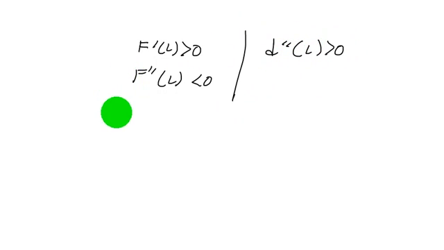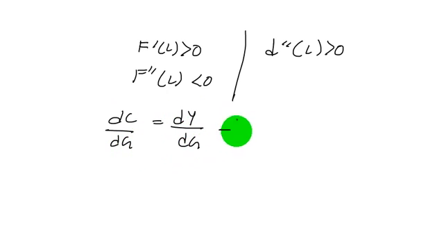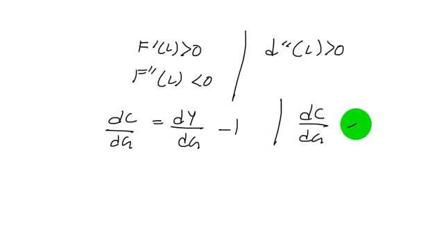Thus the above follows if D dash L greater than 0, F double dash L less than 0, D double dash L greater than 0. Since dC/dG equals dY/dG minus 1, we get dC/dG less than 0.